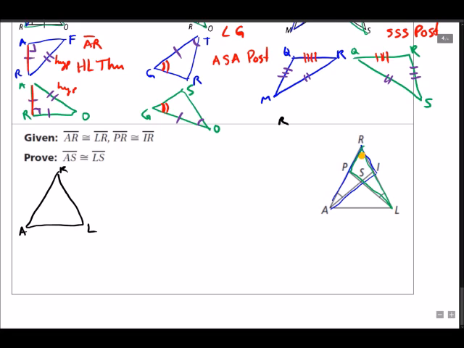So let's redraw those. This is R, I, A. And its pal here goes like this. This is P, R, L.